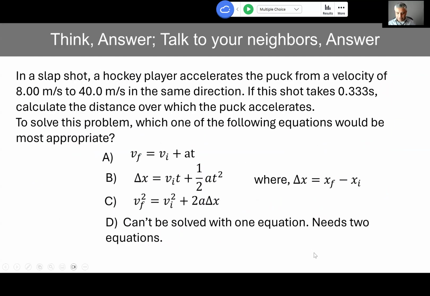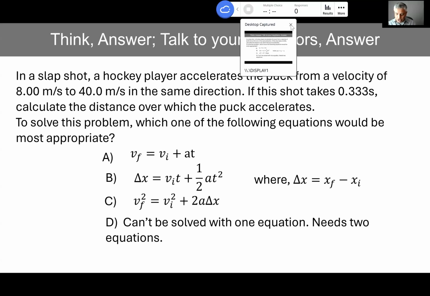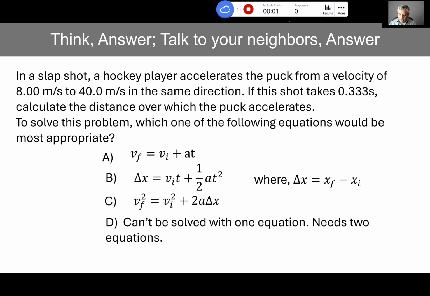Okay, so now it's time. You have 2 minutes for this. Sketch the situation. You want to figure out where initial, where final is, and which way things are moving.